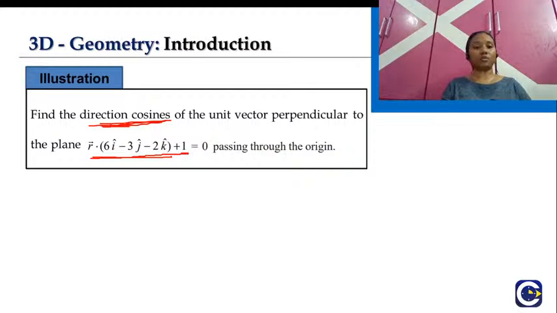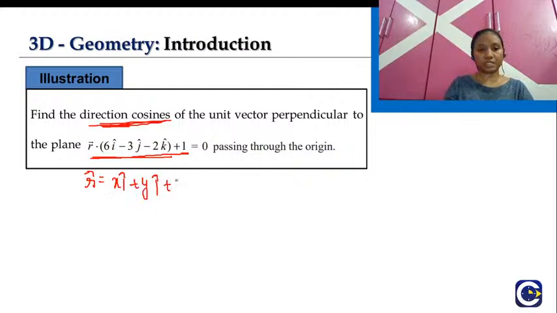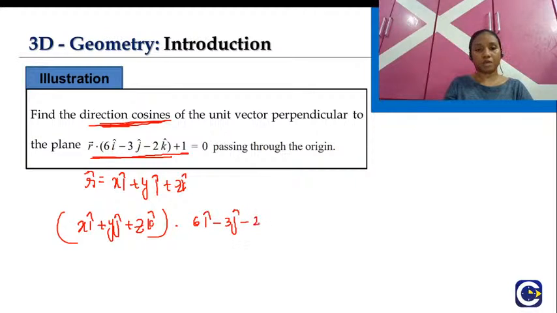Or else there is one more way: you can directly convert this into Cartesian form, then it will be easy. Our R bar is nothing but xi cap plus yj cap plus zk cap. So in place of R bar you can substitute xi plus yj plus zk cap, dot product with 6i cap minus 3j cap minus 2k cap, is equal to minus 1 here.